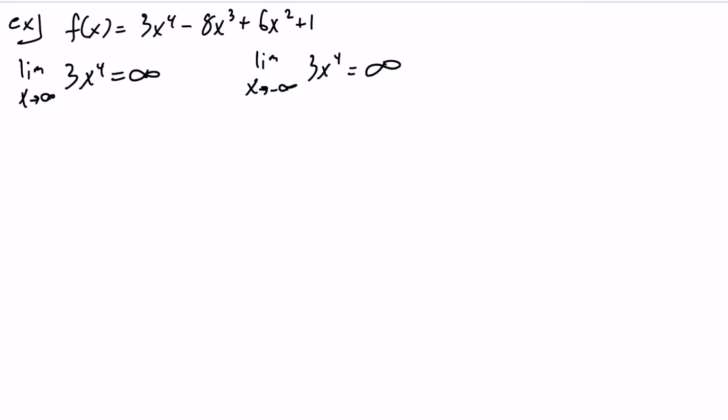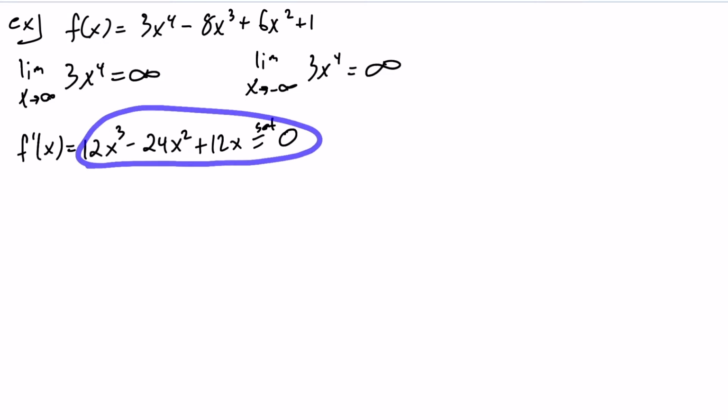And now we want to find our transition points. In order to do that, as before, we're going to take a derivative. We get 12x cubed minus 24x squared plus 12x, and we're going to set that equal to 0. If we're trying to figure out what x values make this equal to 0, it's always helpful to factor out the things that we can.